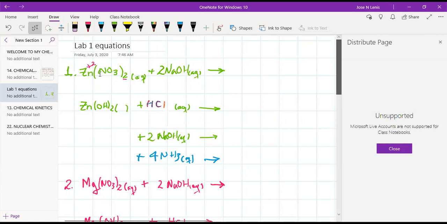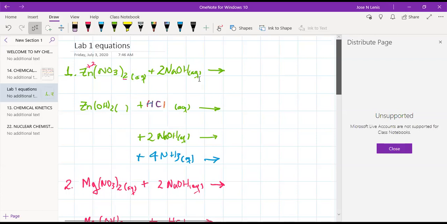To each of these test tubes, we added a strong base. Usually we use sodium hydroxide, which is a strong base, or we can use potassium hydroxide as well. So we added a few drops of strong base, sodium hydroxide, to the aqueous solution.